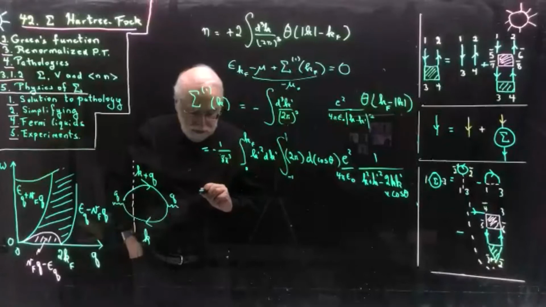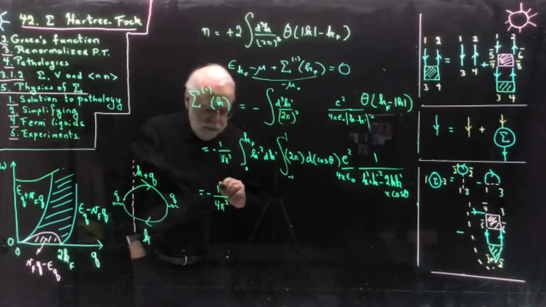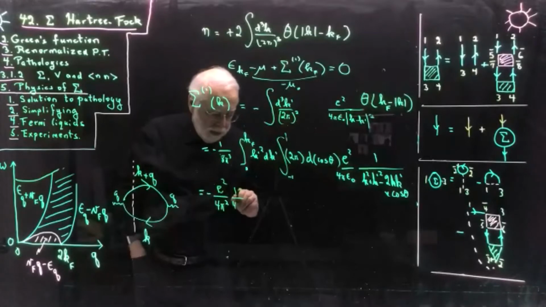So this gives minus 1 over 4 pi squared times e squared over 4 pi epsilon 0.